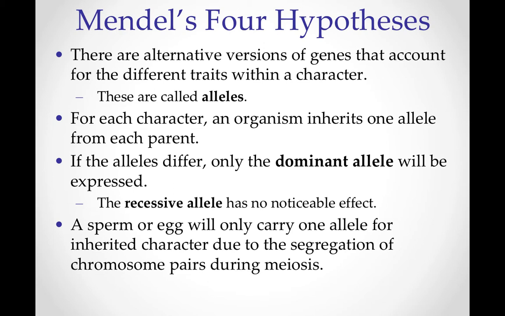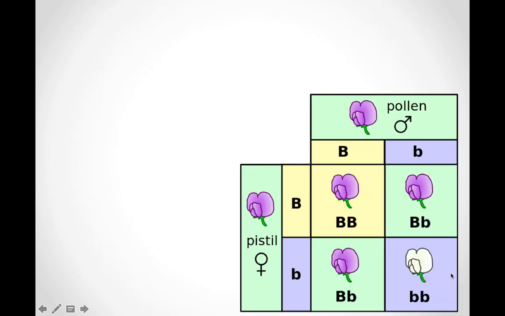And this is the inherited character during that segregation. So during meiosis, they're only able to carry one of the alleles. Okay? The recessive one didn't have an effect yet. This is called the law of segregation. Okay? These are his 4 hypotheses. Keep note of them. They are on the study guide.